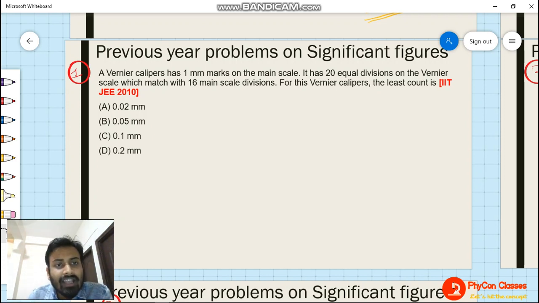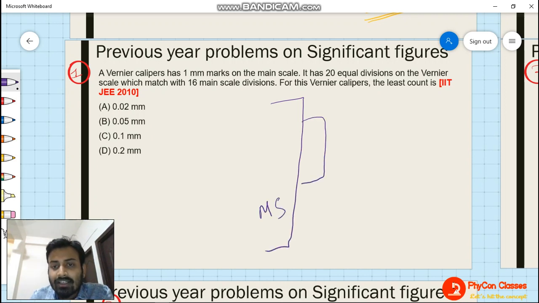A vernier caliper has 1 mm mark on the main scale, and it has 20 equal divisions on the vernier scale. In a vernier caliper there are two scales: one is called the main scale and the other is called the vernier scale.